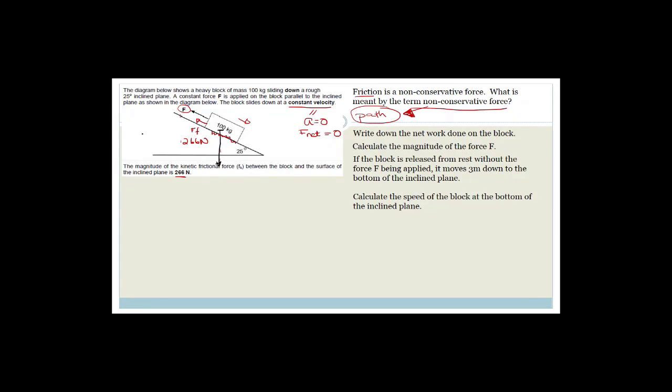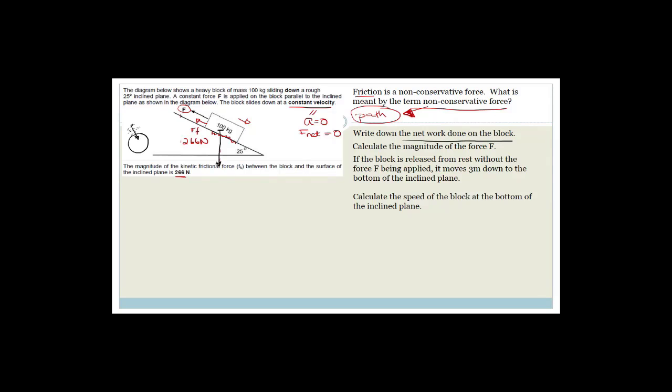Similarly, if you decided to jump out of an airplane, and let's pretend that's the Earth, and you're jumping really high, like that crazy dude that jumped from the top of the atmosphere, it doesn't matter if you do this, because the force of gravity is pulling you straight down. So that is important, whereas the force of friction actually follows the path that you're traveling in, and therefore it is non-conservative.